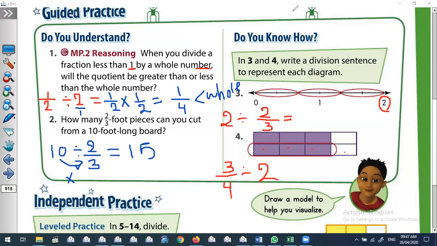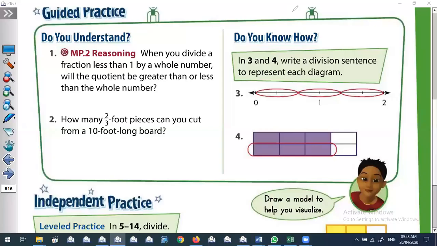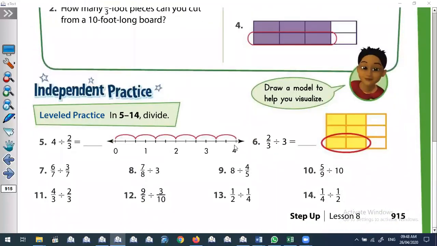Another exercise for this part. Find the answer: 4 divided by 2 over 3. I can make a shortcut like that. 4 times 3 is 12. 12 divided by 2 is 6.